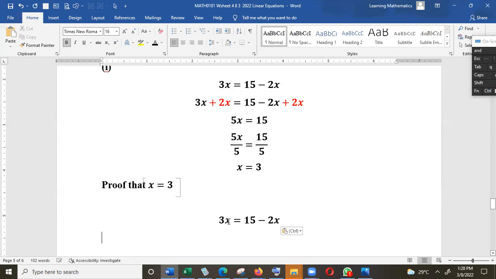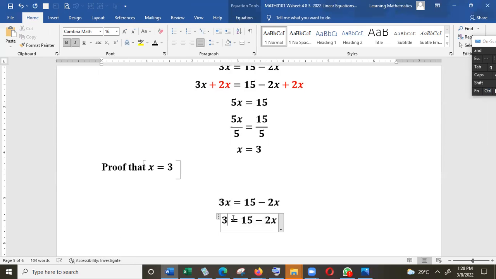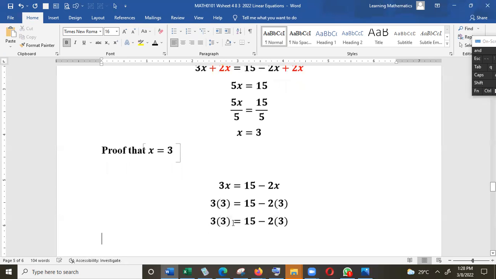So when you put 3 on the left, we have 3 times 3, which is 9. But we have to substitute 3 also on the right side where x is. 3 3s, a 9. That will give us 9 on the left side.